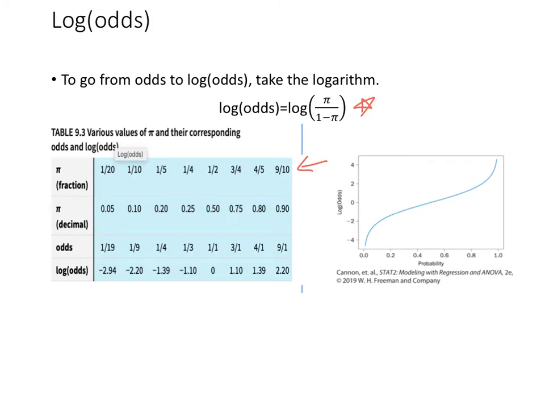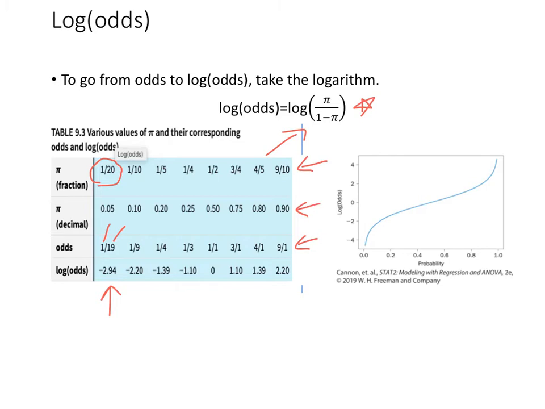We could rewrite each of these as a decimal, and then get the corresponding odds. As I mentioned a minute ago, to say some event has a 1/20th chance of being a success, the other way to think about that is out of 20 people, we expect 1 success and the remaining 19 failures. We could do that for all of them, and then finally we take the log of the odds, and here's the log of the odds.